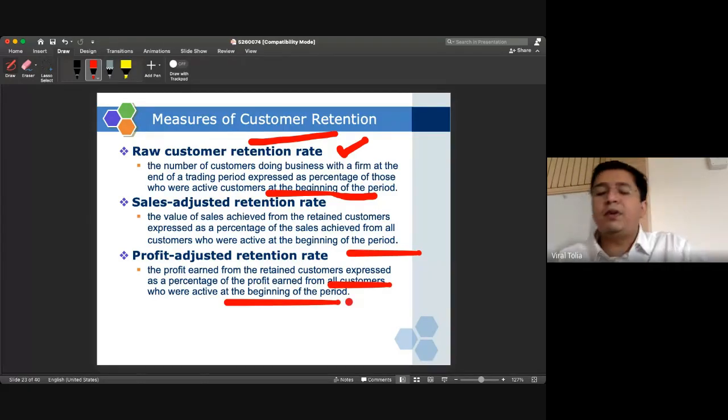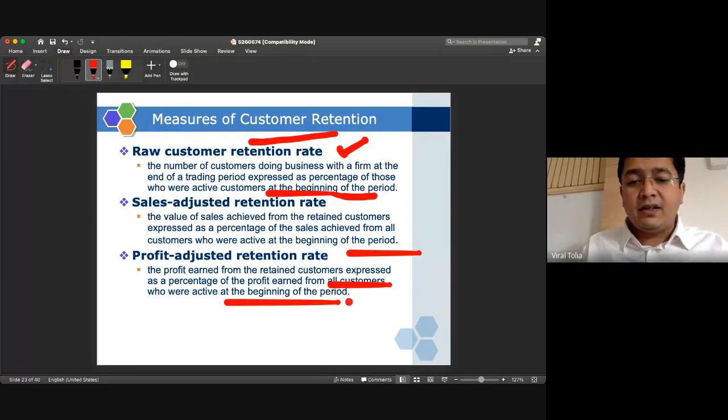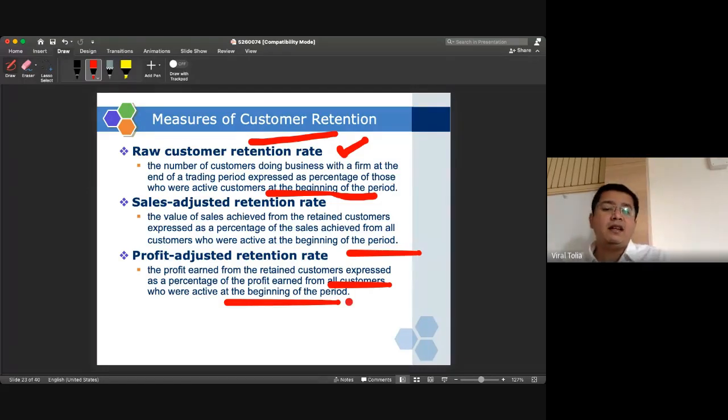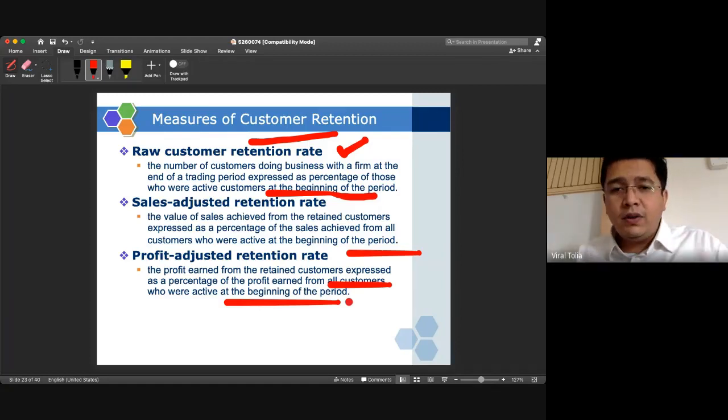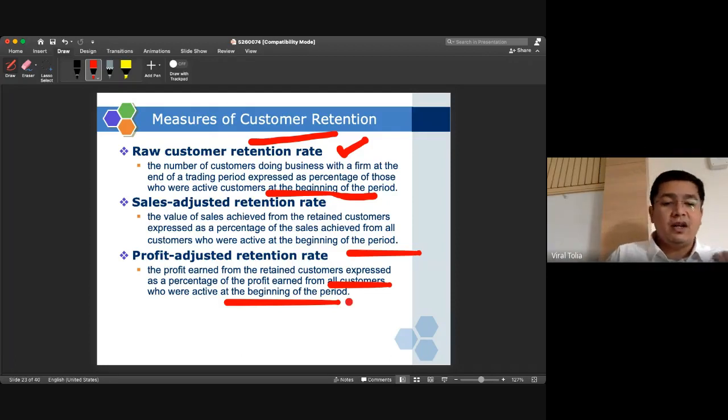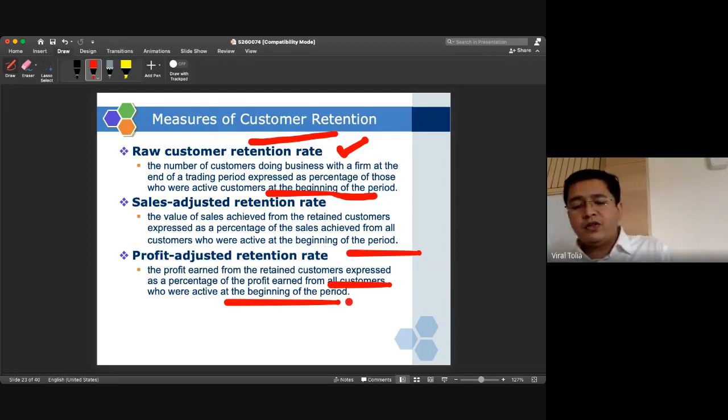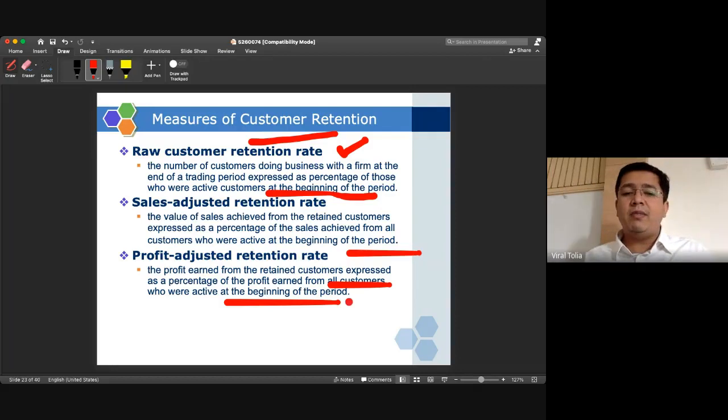So whatever profit is generated by the retained customers, that percentage when compared to all customers gives us the understanding of profit adjusted retention. Basically these are giving you different outlines as to what kind of measures are there, how do you use the measures in order to retain your customers, and finally you can come to know that with so and so measures implemented in the market, we can take up so and so call.